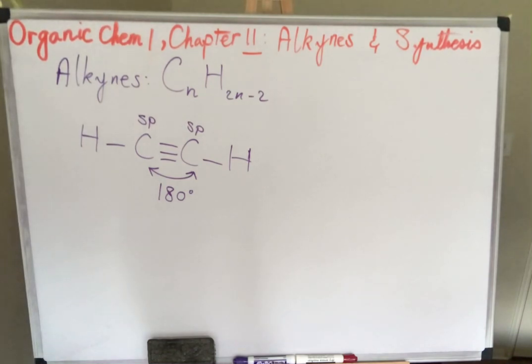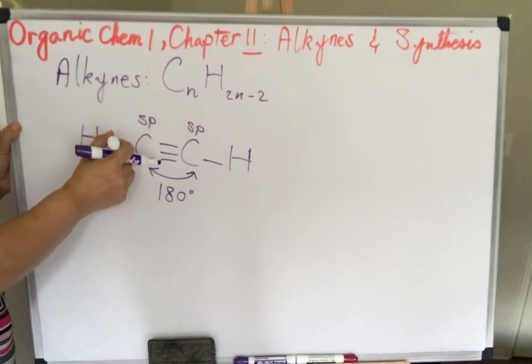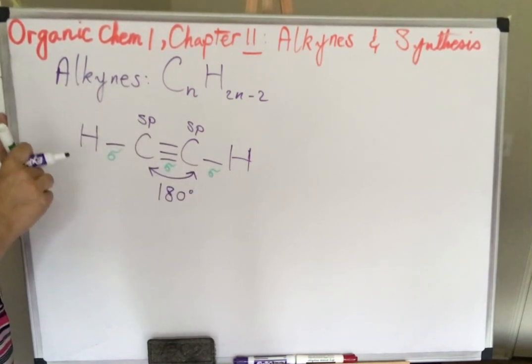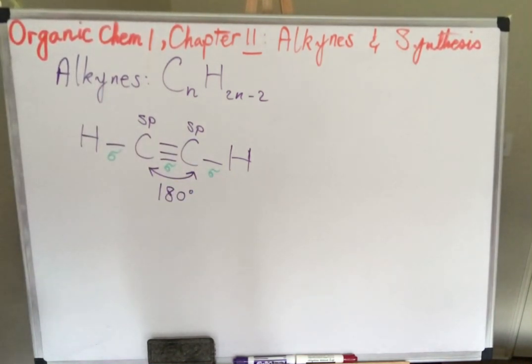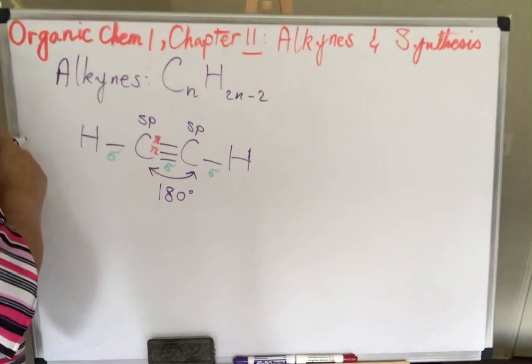Why? Because if you remember, to determine the hybrid, we just count the sigma bonds. In each triple bond, there is 1 sigma and 2 pi bonds. So we never count pi bonds for hybridization.